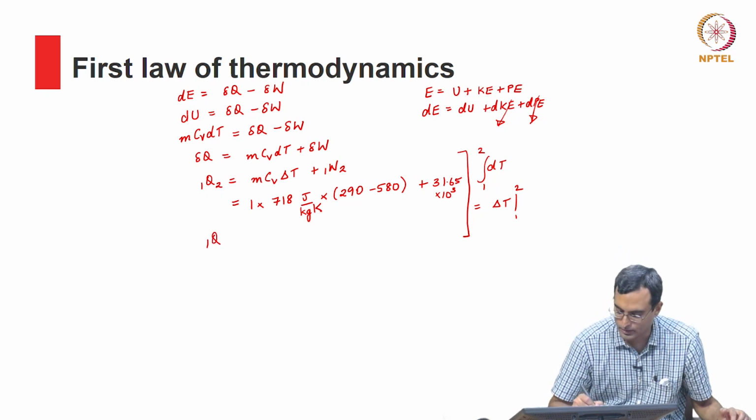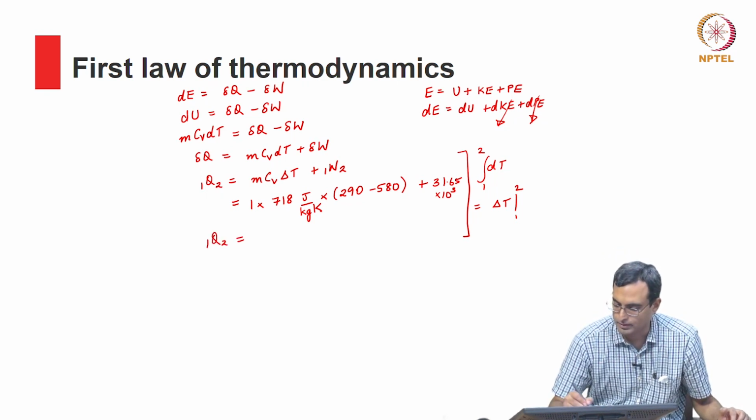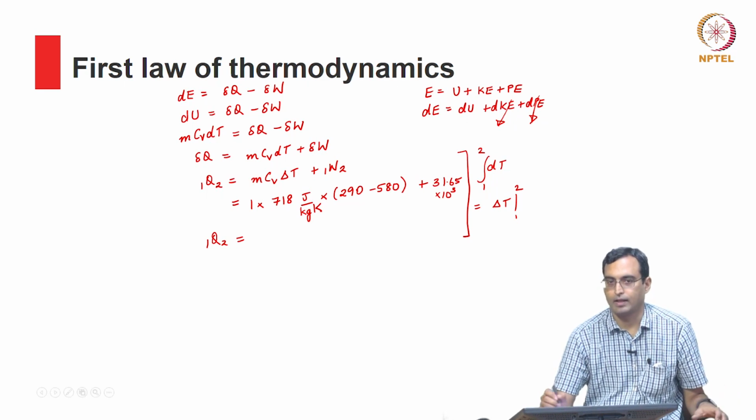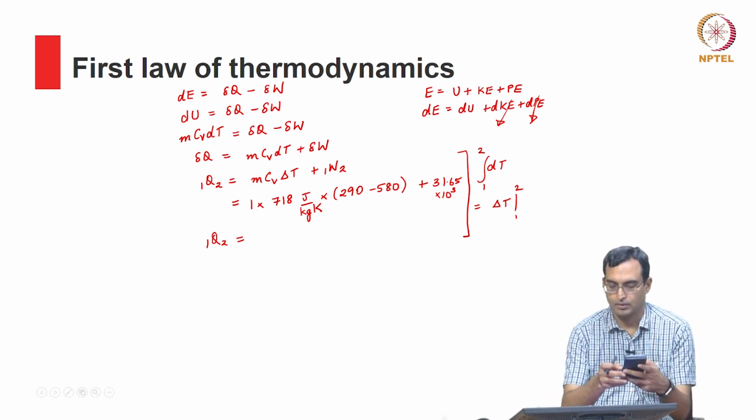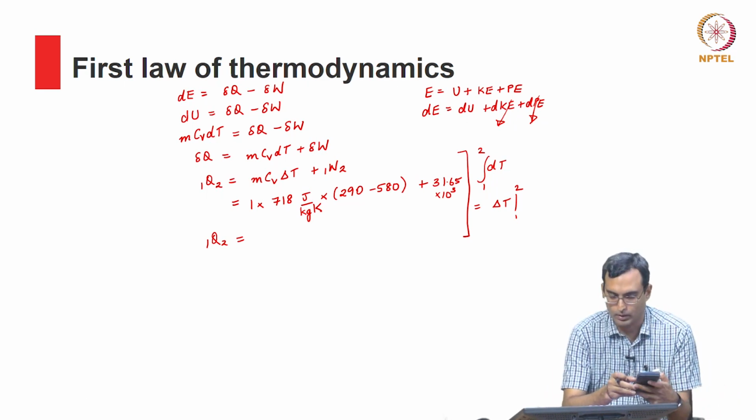So, I can find out this. This is a negative term and this is a positive term. So, we can find out what the values are.